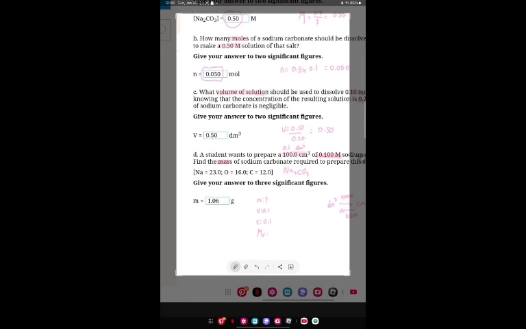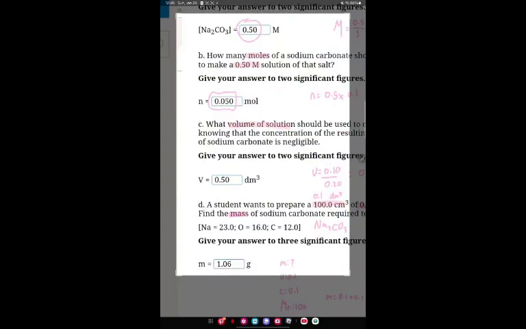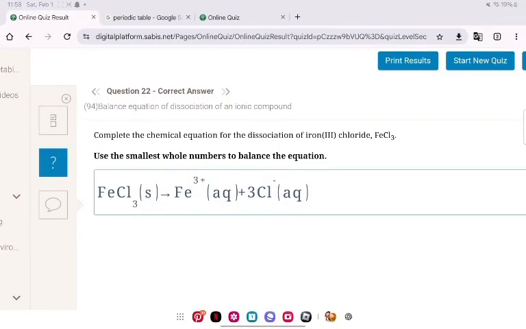So to find the molar mass, you're going to do 23 times 2 plus 12 and 16 times 3, and then you're going to get 106, and then you apply it. So M equals 0.1 times 0.1 times 106. You're going to get 1.06, and that's it.